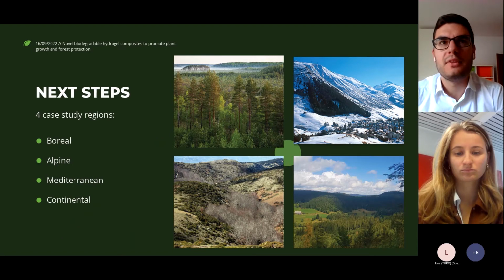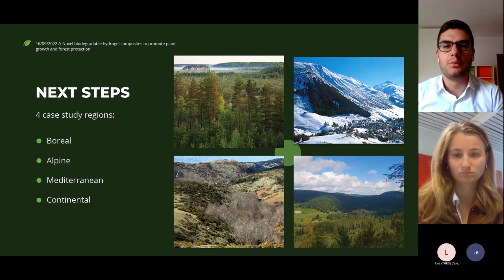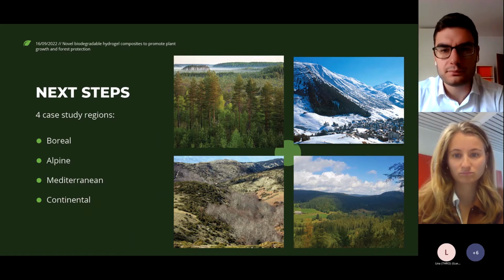And also, I'm looking forward to seeing something that I contributed to develop be applied in a real case study for such an important purpose, which is the repopulation of the forest.